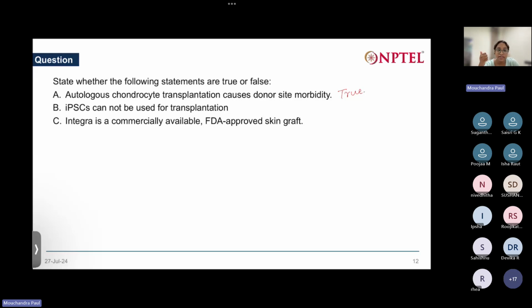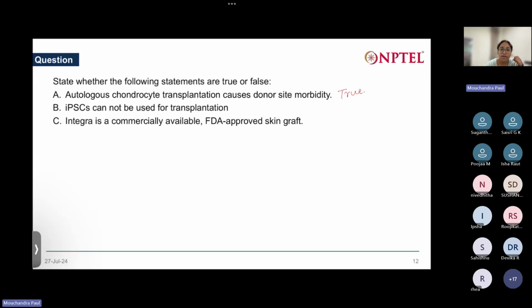And then we can either grow the cells on some collagen matrix or directly inject the cells, either way is possible, and we inject it where there is more pain, maybe at the load bearing site. So this procedure gives relief to the patient in that it helps healing of the site where there is more pain, basically at the load bearing site.